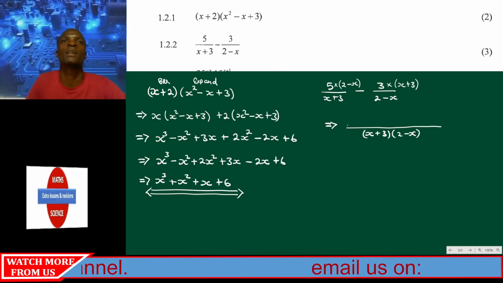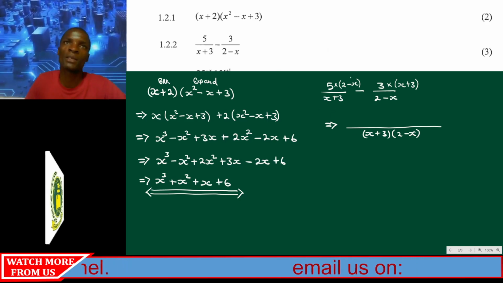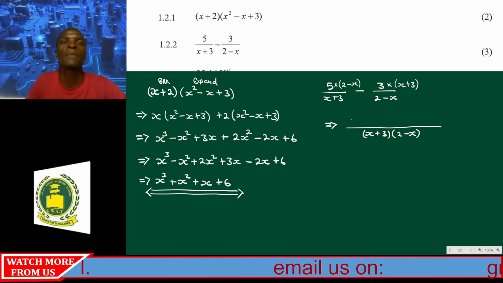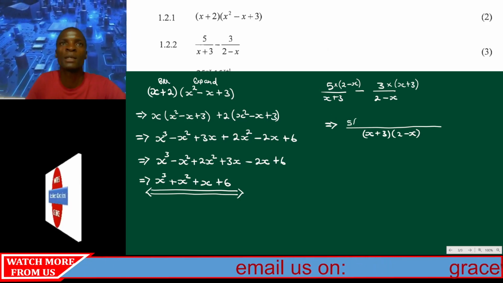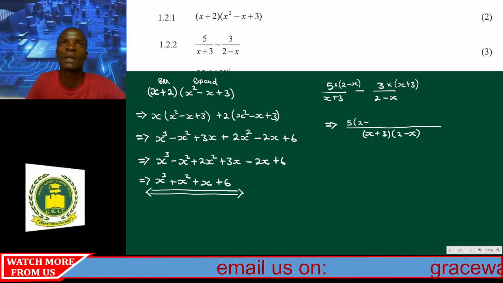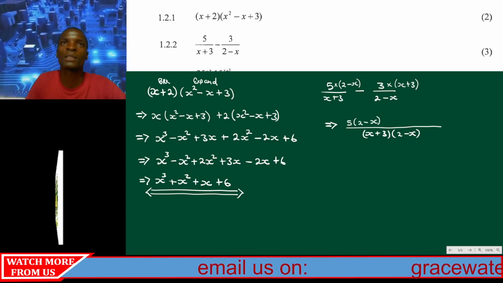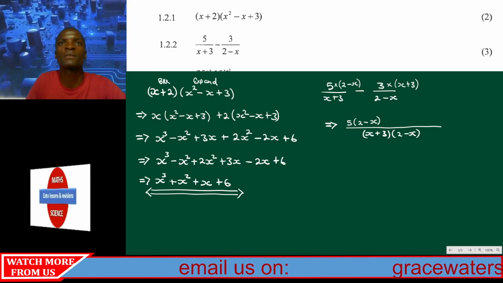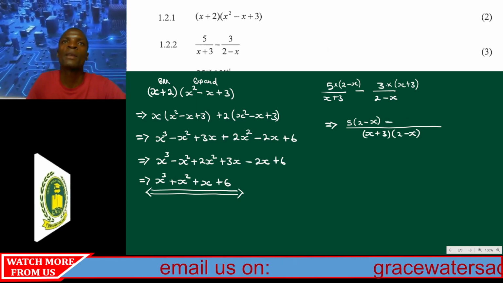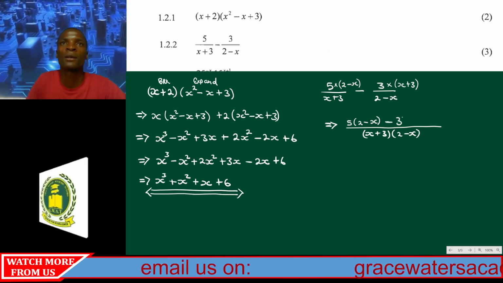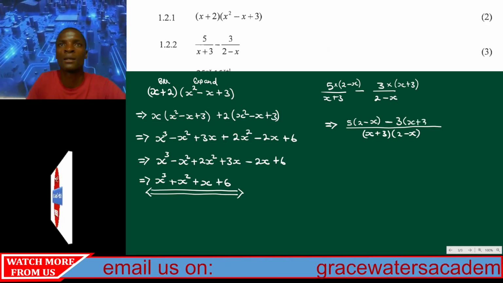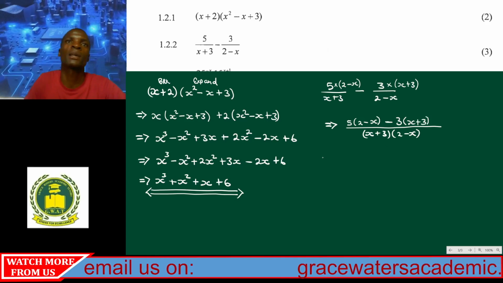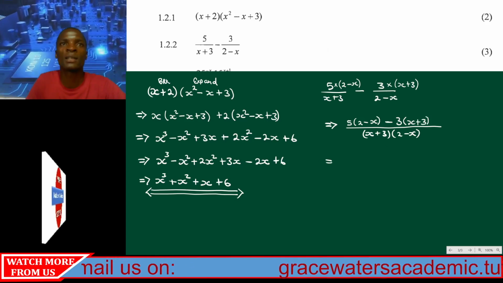Move to the next stage, whereby now you are bringing down the numerators as they are. So let's bring them. We find that to the left we have 5 into 2 minus x, close it, and then don't forget this negative sign which is in between, and then 3, and then x plus 3. Okay, close the bracket. Move to the next stage.